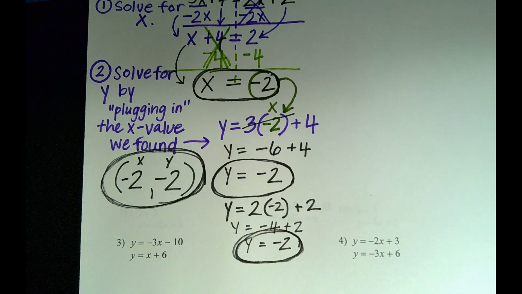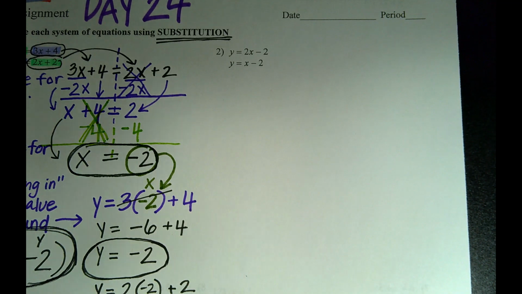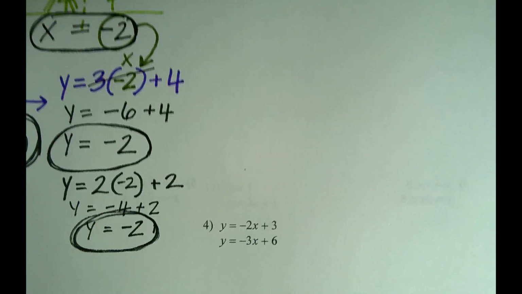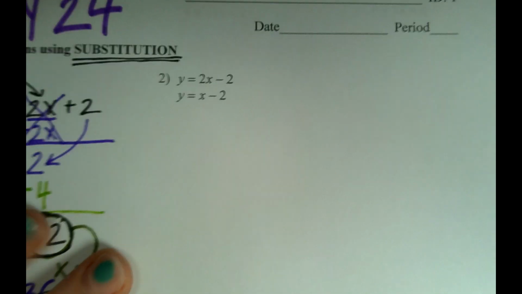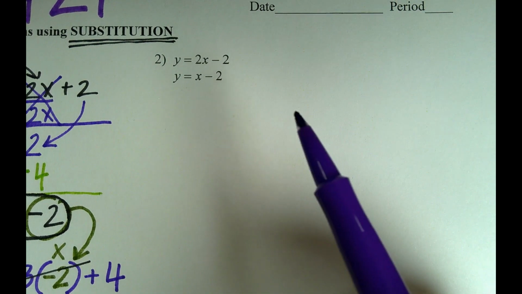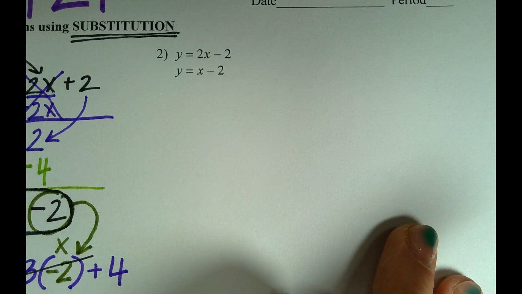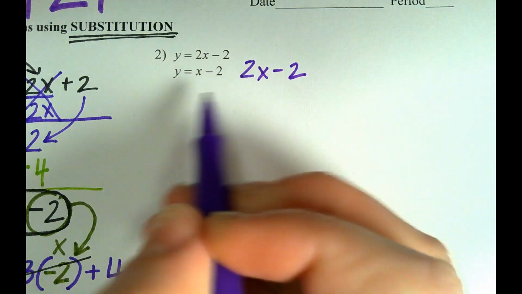That works. Okay. Let's go ahead and look at number 2 then. Now I have y equals 2x minus 2 and y equals x minus 2. So how will I start this problem? 2x minus 2 equals x minus 2.